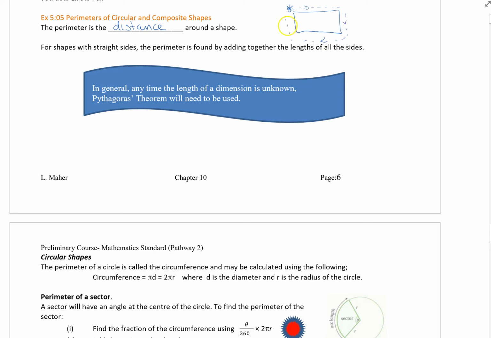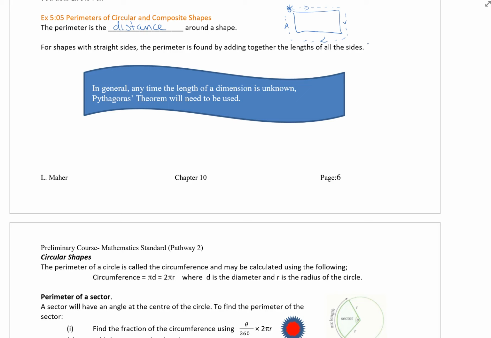I'm finding these distances as I go and adding them up. So for shapes with straight sides, the perimeter is found by adding together the lengths of all the sides. It's actually the same even if the sides are not straight. You still find the length of that curved bit and add it onto the straight sides.